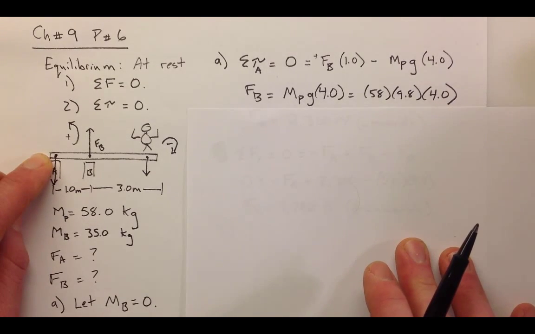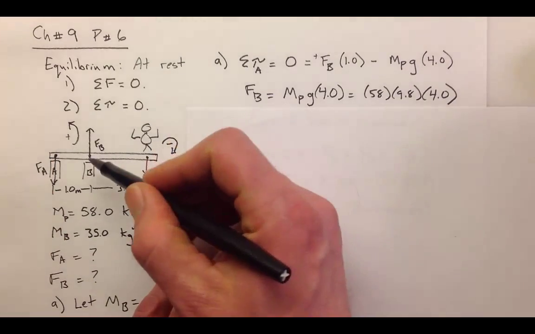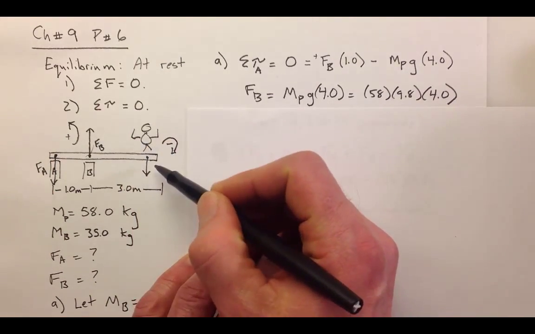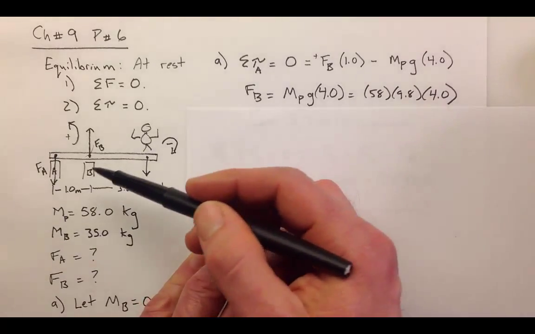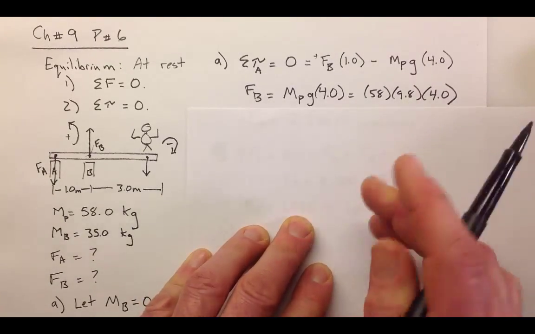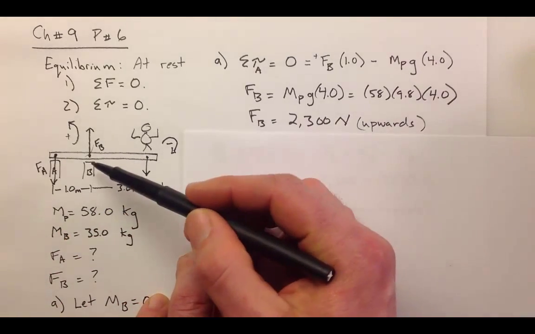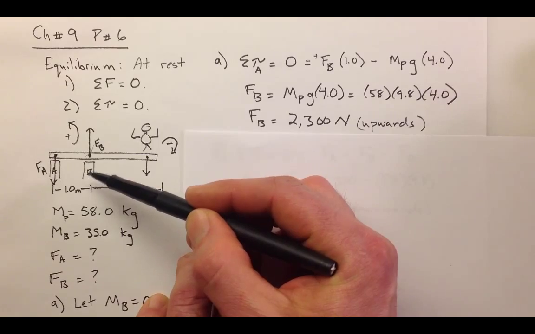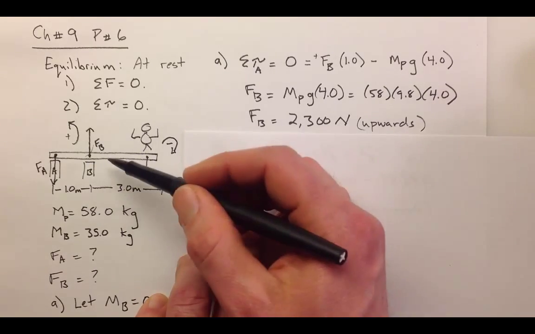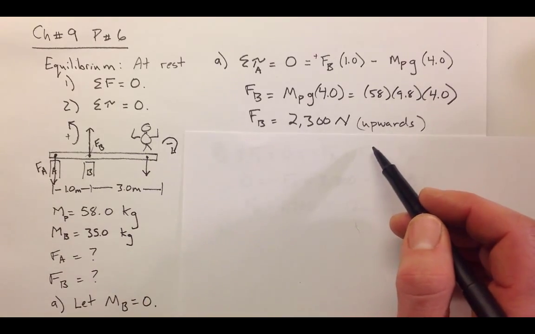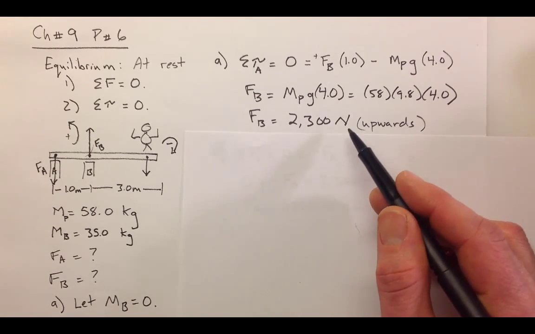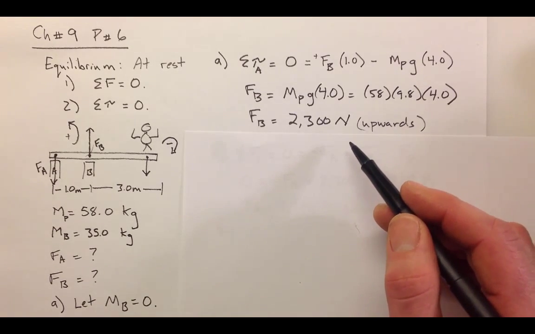So if I rearrange things here a little bit, I just get that this torque is equal to that torque, at least in magnitude. So rearranging here, I get that the force that pillar B here exerts on the board is 2,300 newtons upwards. That's rounded a little bit using significant figures there. Should be 2 significant figures in our answer.